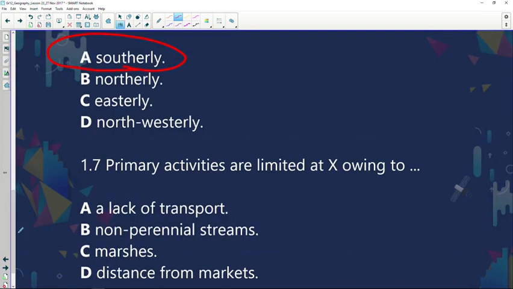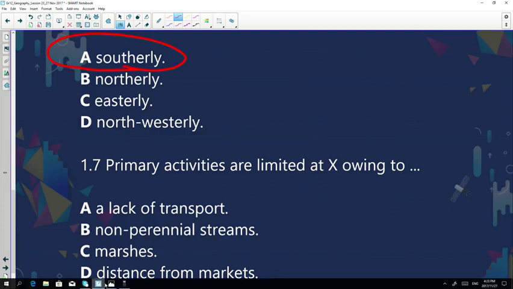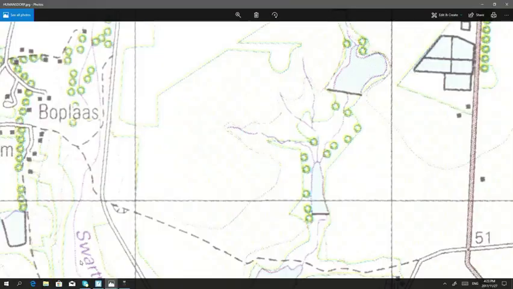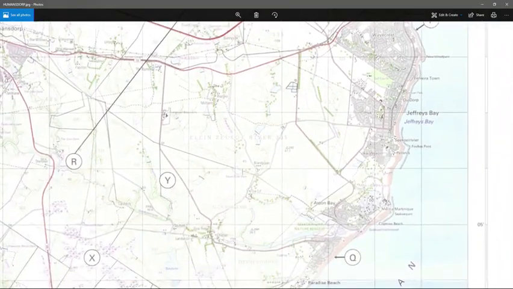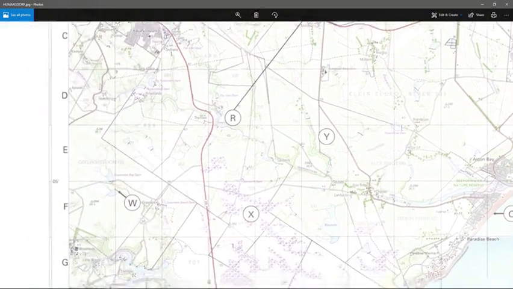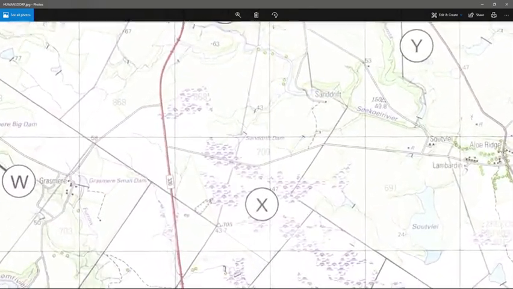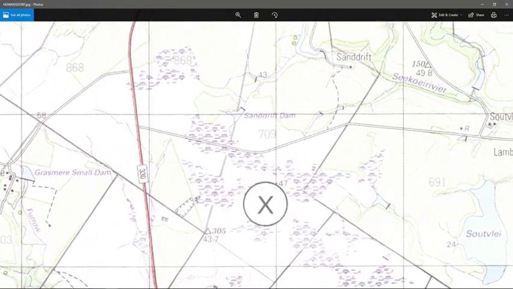Now, primary activities are limited at X owing to, if you find X on your map, I see a lot of blue over there. Let's just quickly go back to our map. As you can see, there's X situated over there.